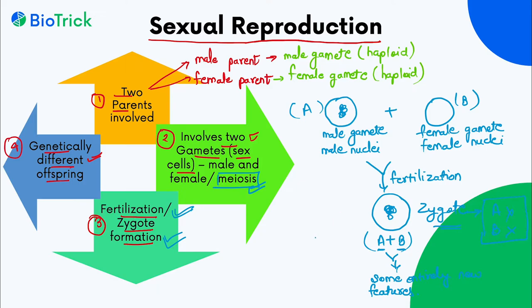So we can say the zygote or the offspring is genetically different from both the parents.